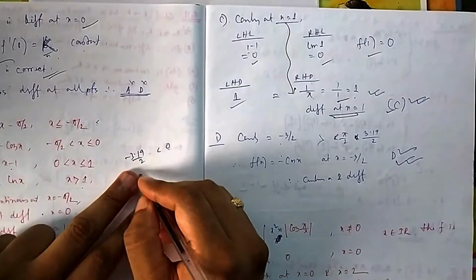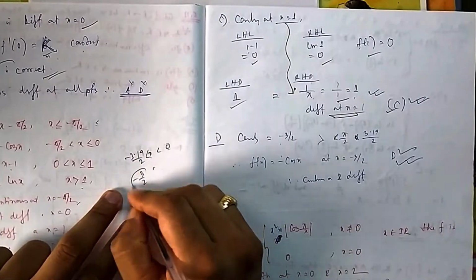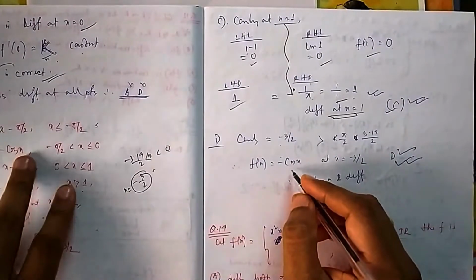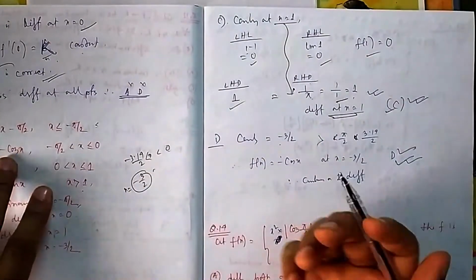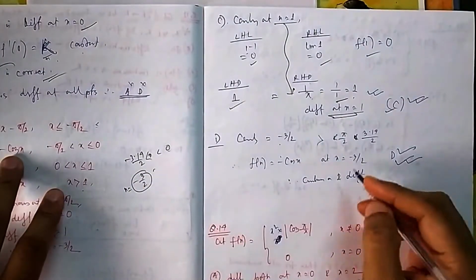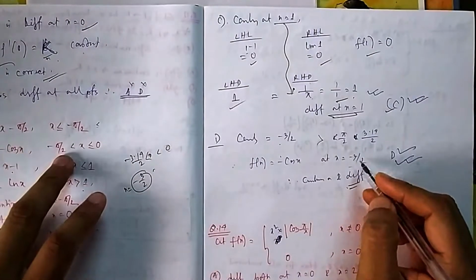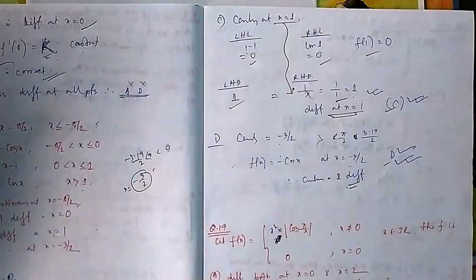Means something more than 1.5 it is, and you are dealing with x equal to minus 3 by 2. So we will be using this function, f(x) equal to minus cos x. Obviously, if you are using this function, it will be differentiable, because it is a trigonometric function, so it is obviously continuous and differentiable, no break. At minus 3 by 2 there is no break, so obviously it is continuous, and so D is also correct. So all four, A, B, C, D, are correct.